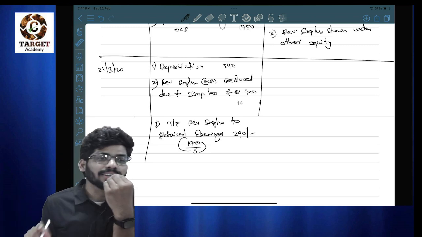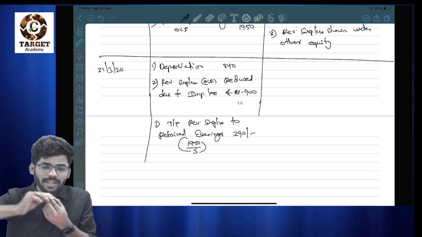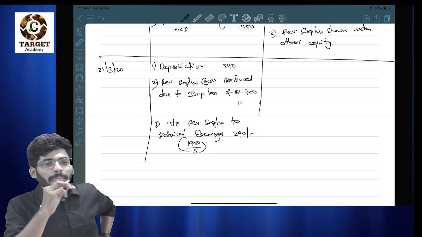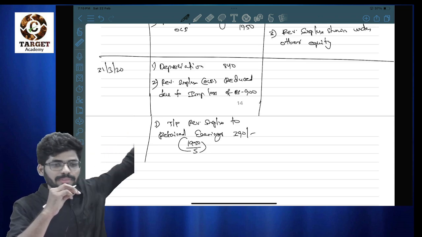From next year, how much amount we need to transfer to retained earnings? Now tell me. Please tell me how much amount needs to transfer to retained earnings from next year.